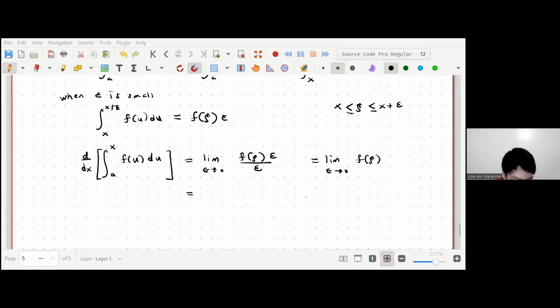So from here, we can conclude that this variable gets squeezed together between x and x plus epsilon as epsilon goes to 0. So, ang mangyayari, since this is always between x and x plus epsilon, in the limit that just becomes f of x.